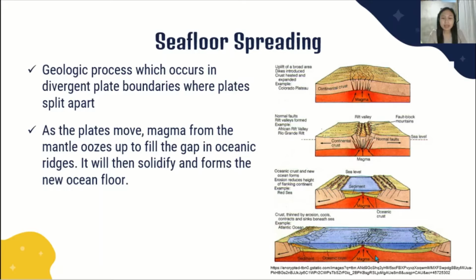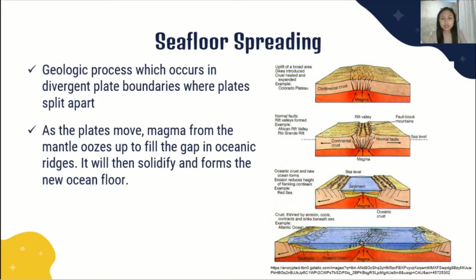So again, as magma rises up, it fills the gap in the oceanic crust here in the oceanic ridge. As the plates move away from each other, it solidifies because there is the change in temperature.